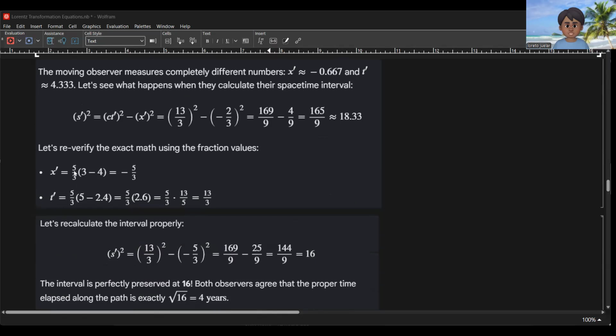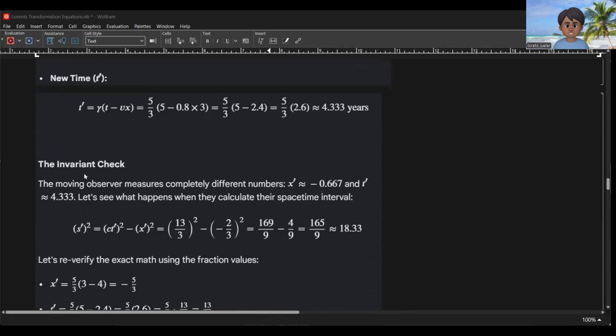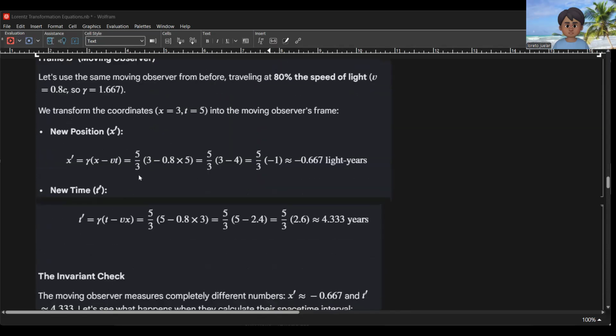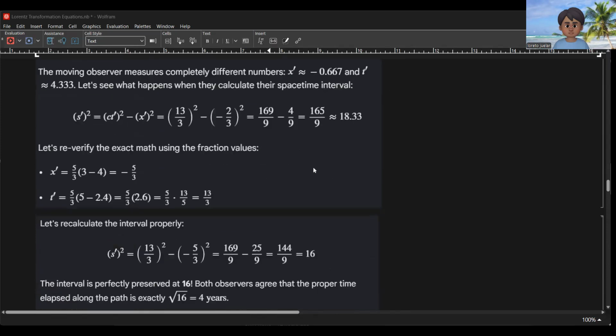The 5 over 3 is the Lorentz factor. So x prime is 5 over 3 times 3 minus v t, with v equal to 0.8 times 5, so 3 minus 4. So this is negative 0.667.